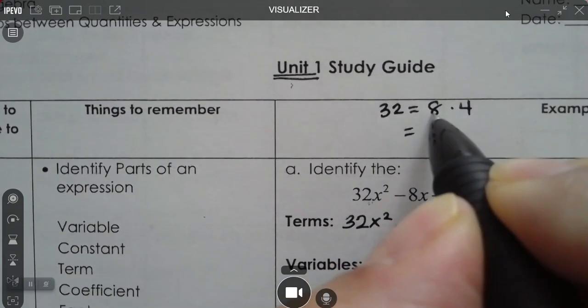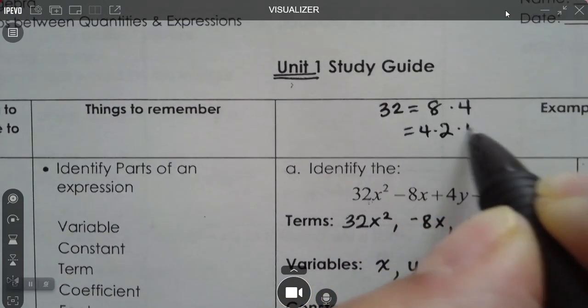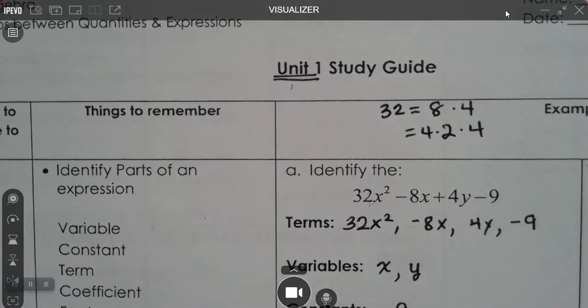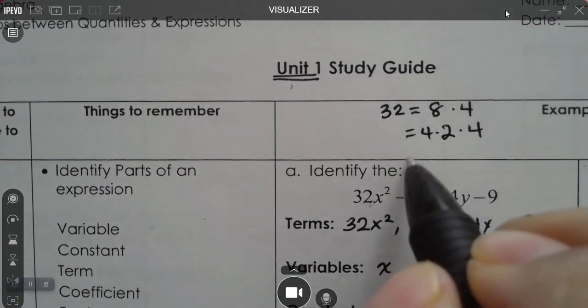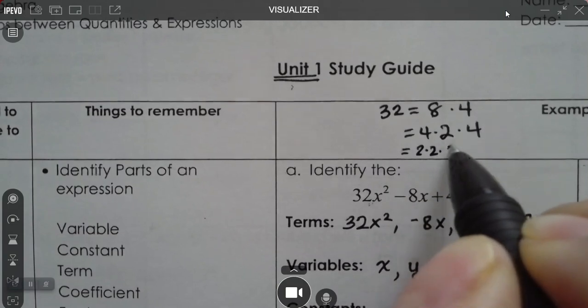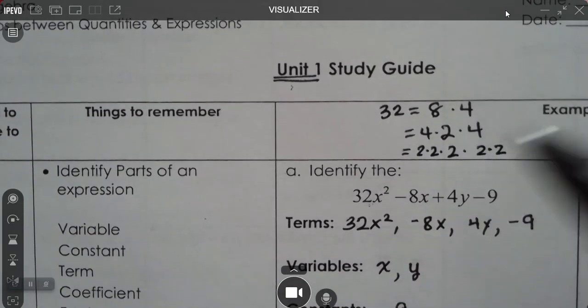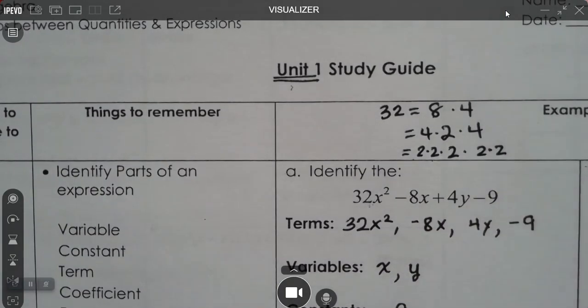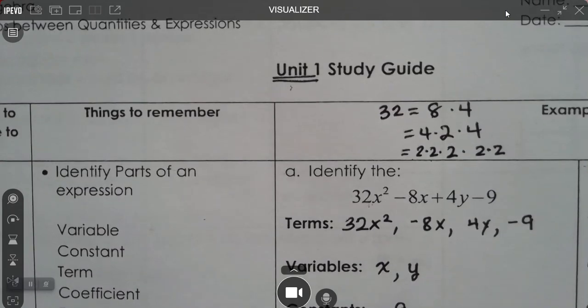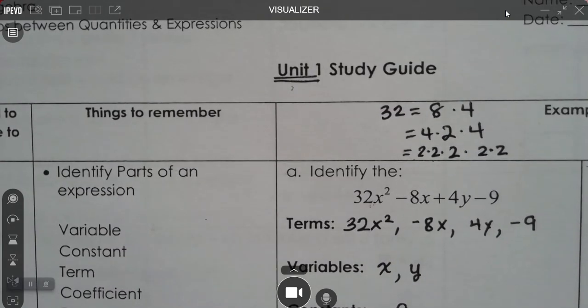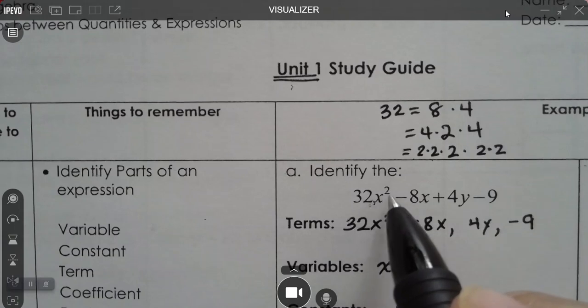And we can break down the 8 into 4 times 2, right? And those 4s, we can break them down into 2 times 2s. So there's a total of 5 2s. So the factors are 2 to the 5th times x times x.